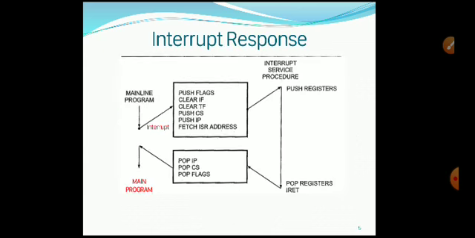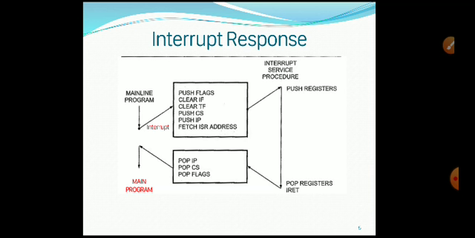Next, we are going to discuss what happens when an interrupt occurs while the processor is executing the normal program. This figure indicates the flow of the interrupt response. When the microprocessor receives an interrupt via the INTR or NMI pin, first it completes the current instruction and stops executing the normal program.